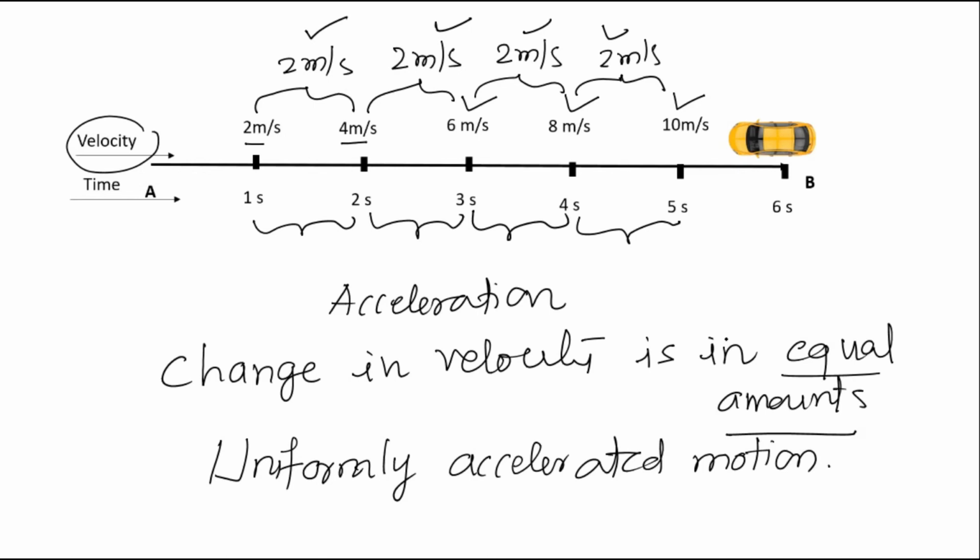Now we have recalled what we have learnt. What is uniformly accelerated motion? Where the velocity changes in equal amounts in equal intervals of time. I repeat, velocity. You have to use the word velocity as far as acceleration is concerned, right?